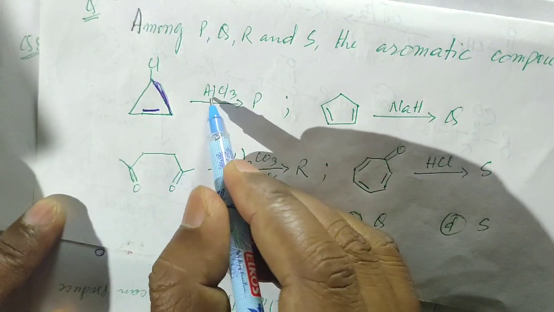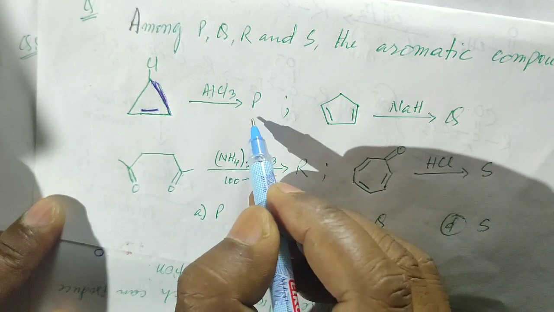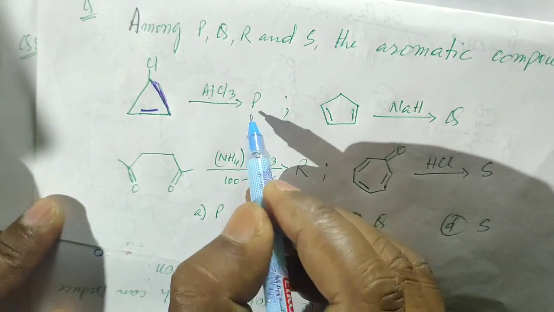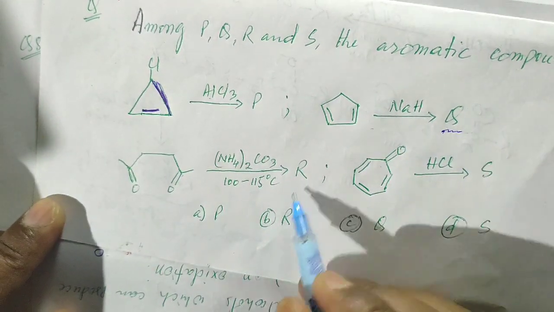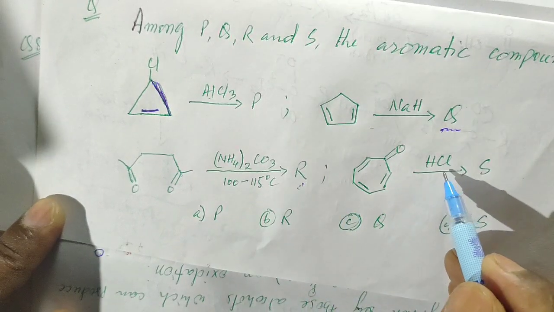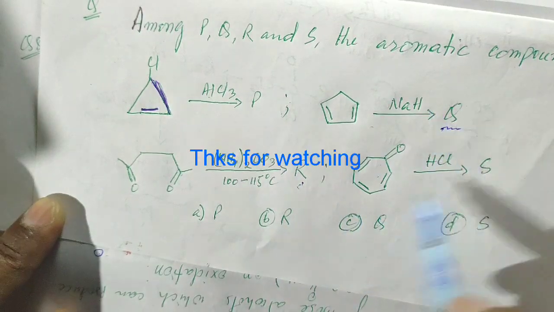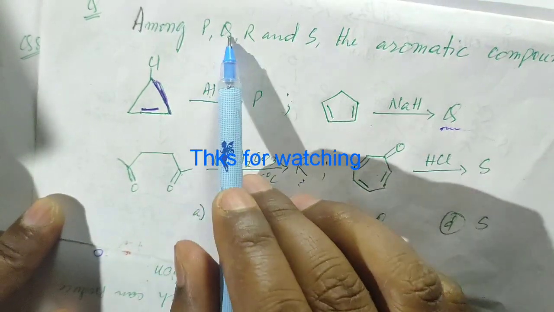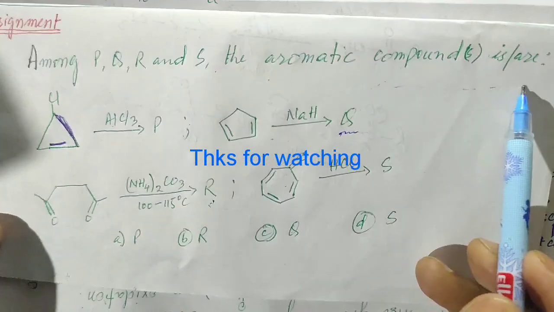When it is reacted with AlCl3, P will be formed. That will be intermediate. Okay, that intermediate P, and here one intermediate will be formed as Q. Here R will be formed. Here ICl, when it is reacted with ICl, S will be formed. Among these four compounds, among P, Q, R and S, the aromatic compounds is or are.